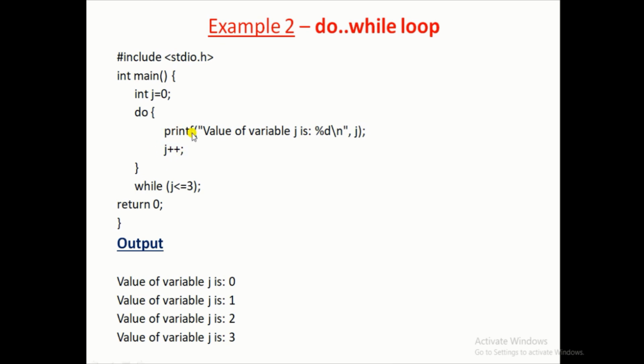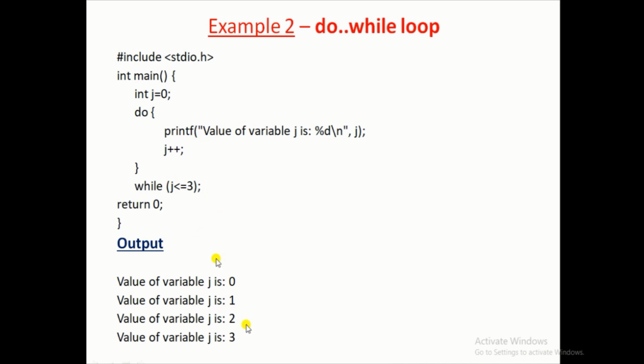Yes, so it prints the value and does the same operation as previously, printf the value of j. Now it is 2, and in a similar way it prints 3, but after printing 3 the value of j is incremented, that is 4. At this time the condition is not satisfied and it comes out of this loop.